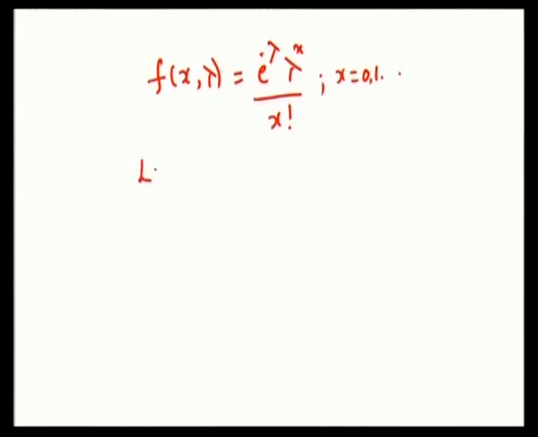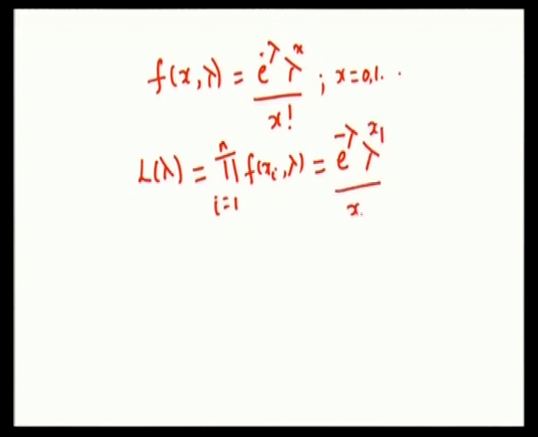Now, the likelihood function with respect to the parameter lambda is nothing but the product of f of xi comma lambda, i equal to 1 to n. So, this you can write as e power minus lambda, lambda power x1 by x1 factorial, and so on, up to e power minus lambda, lambda power xn divided by xn factorial.